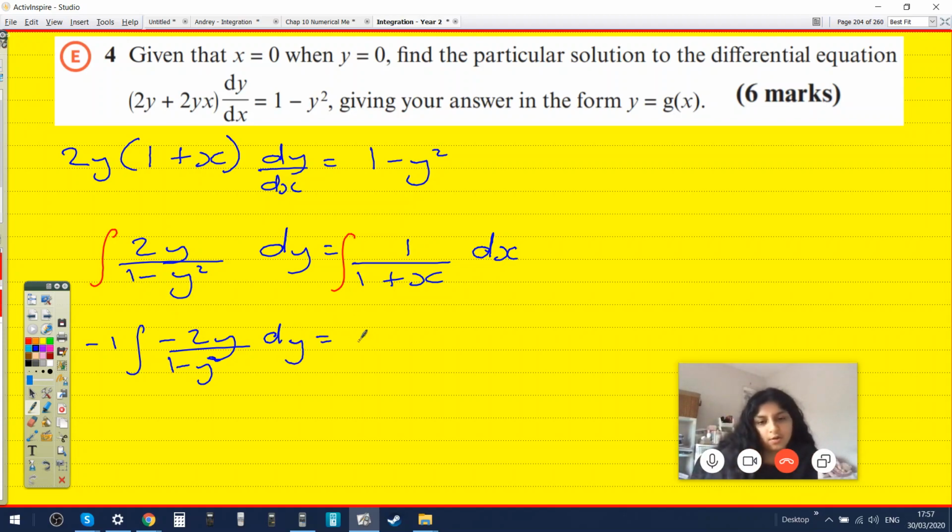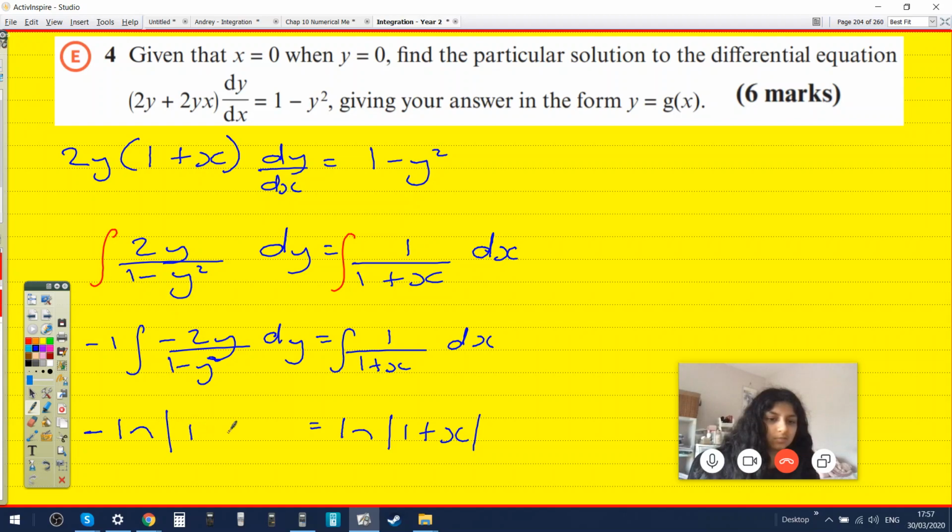And then 1 is also the derivative of 1 plus x. So you would just have ln 1 plus x and ln 1 minus y squared, plus ln k.